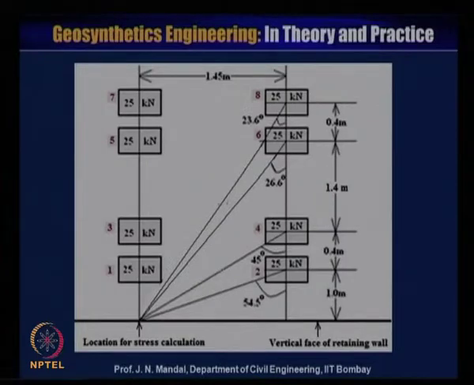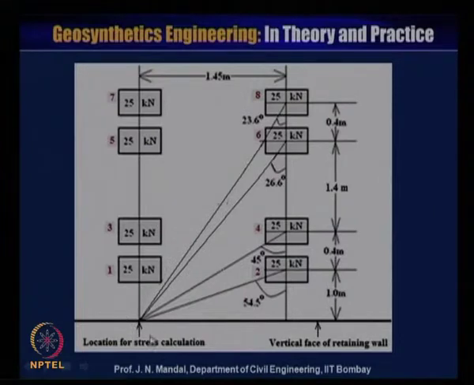Now what is the wheel load? Here it has been shown. Now this is the 200. So there are 8 wheels, 1, 2, 3, 4, 5, 6, 7 and 8.